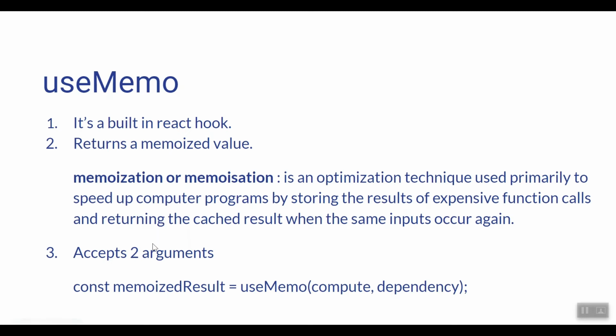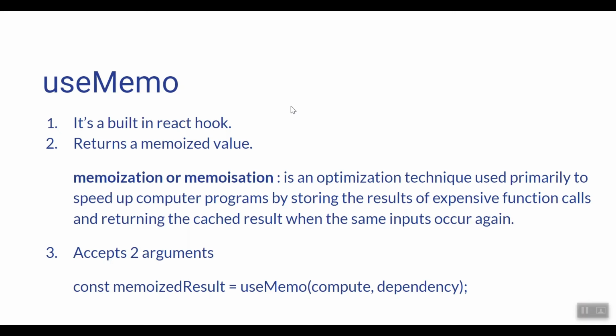The third point is, it accepts two arguments. We have to use it this way: useMemo, with a compute function, whatever we need to execute, and here we need to provide the dependency, then we can get the memoized value. If you know, useCallback returns the memoized function, and useMemo returns the memoized value.